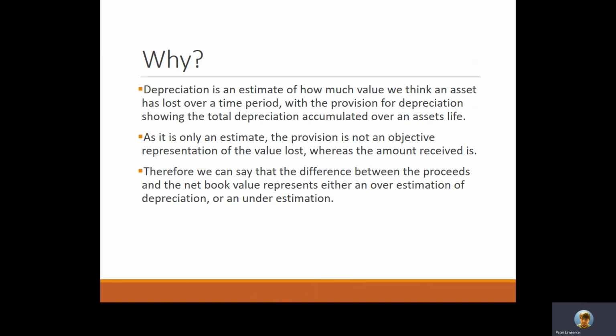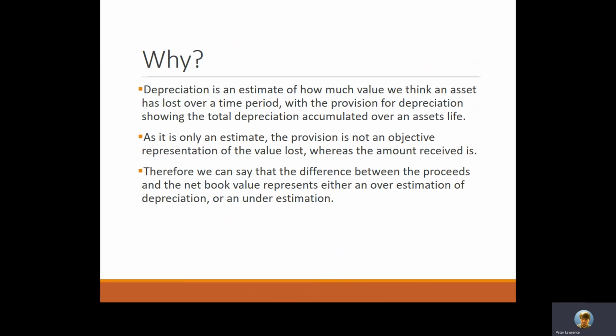So when you get an asset, you just decide how much you think it will lose each year. And remember that when we decide on depreciation, we have to use the same method every year. So if we decide on 10% reducing balance, then for the life of that asset, we will depreciate it at 10% reducing balance each year.